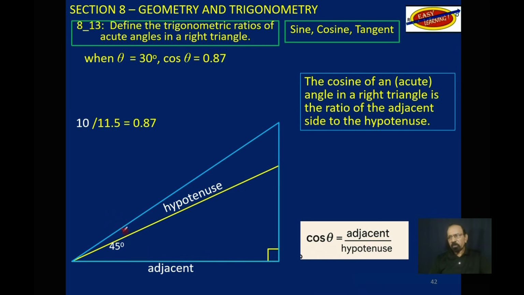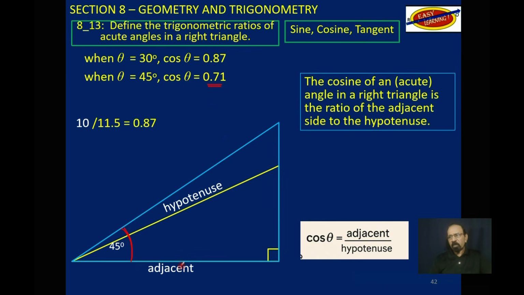If we make this 45, then the cosine of 45 is adjacent over hypotenuse. Notice the hypotenuse gets longer. The adjacent remains the same. So the cosine of 45 is 0.71.